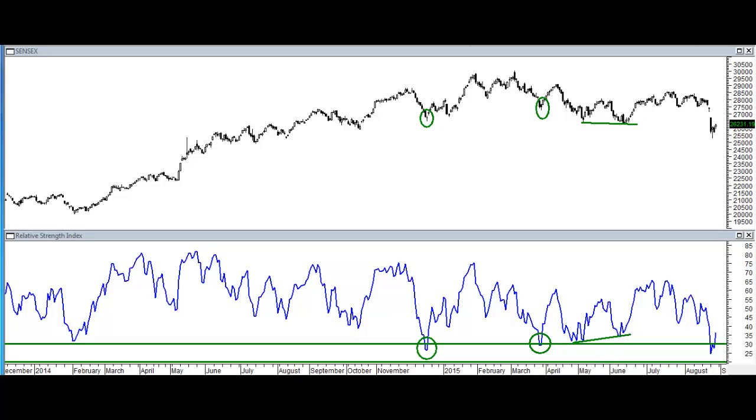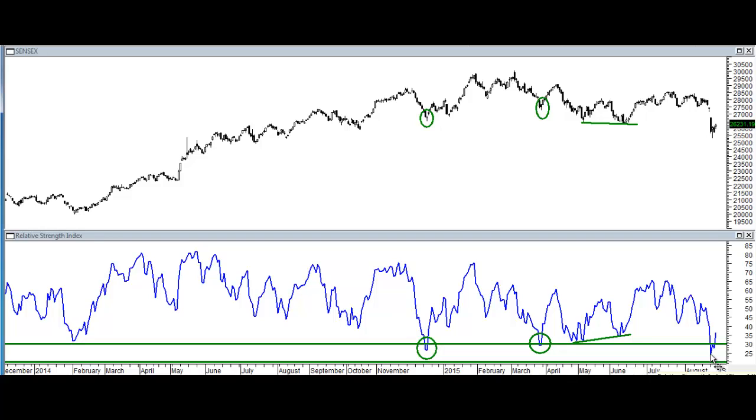Now what we will witness, what we will see, is that RSI has already broken below the 30 zone, 30-20, and it made a low around the 24-25 zone.